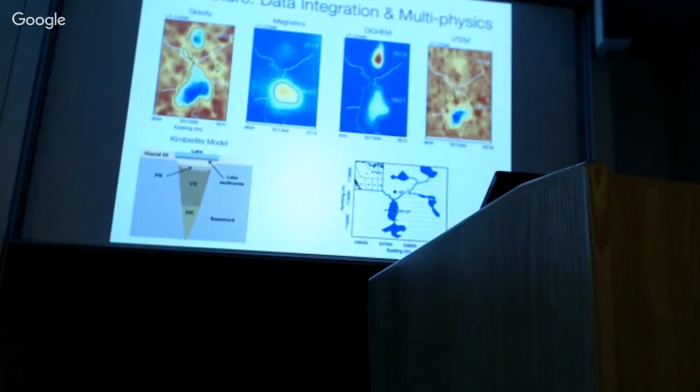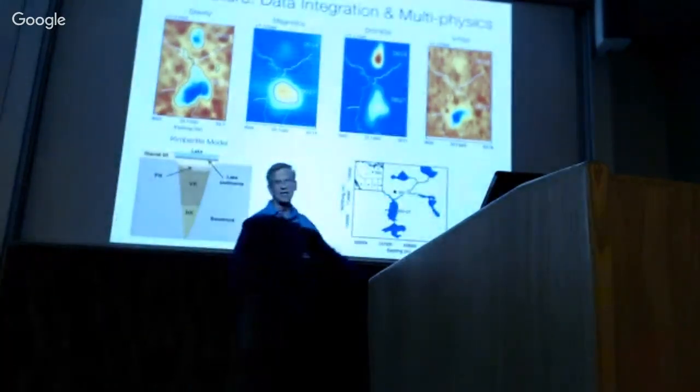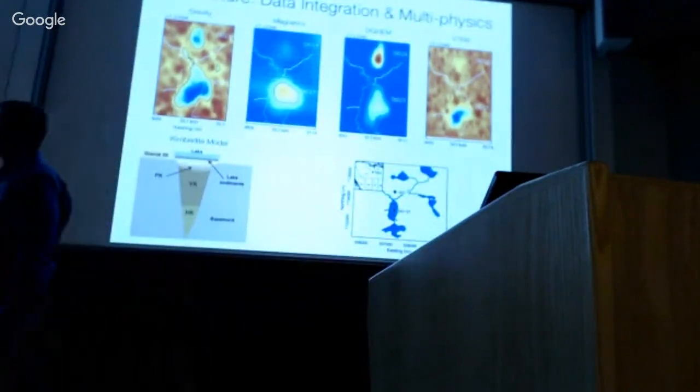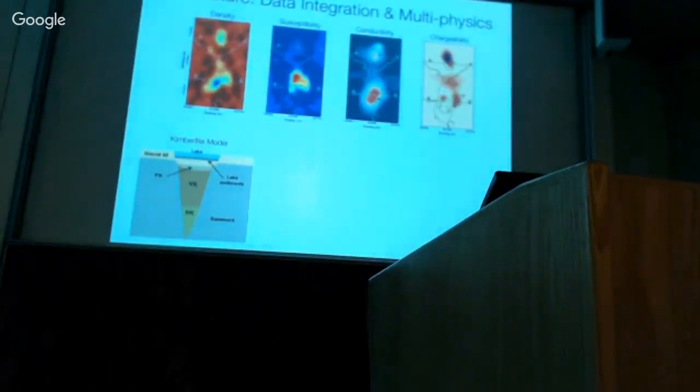So what we've been working on is looking at here's some gravity data, here's some magnetic data, frequency domain data, and time domain data. There's 2 pipes in Canada that look like this. All of those data have been inverted in 3D to get out different physical properties.